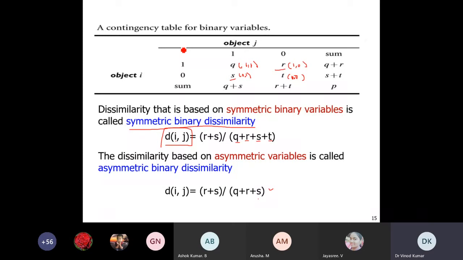Vani? Categorical values, sir. Categorical means not categorical, ordinal. What is the difference between ordinal and categorical? Nobody? See, you need to know about these data types.